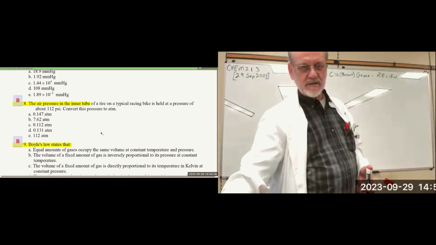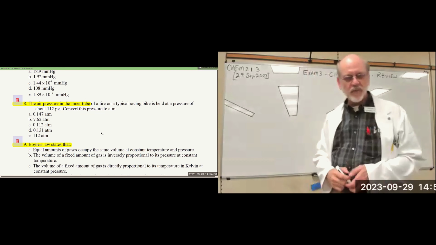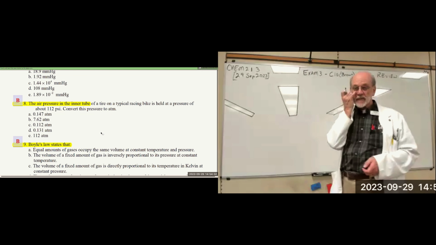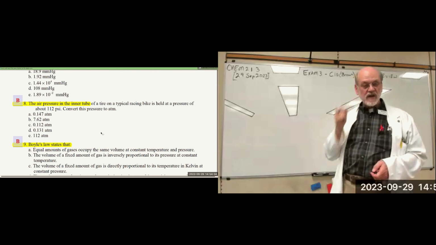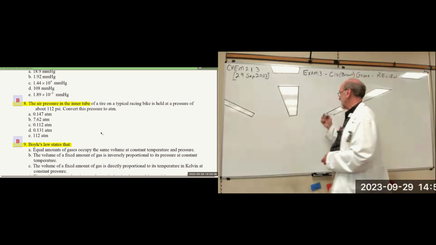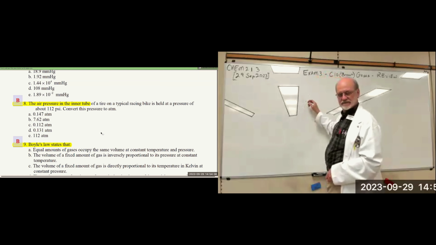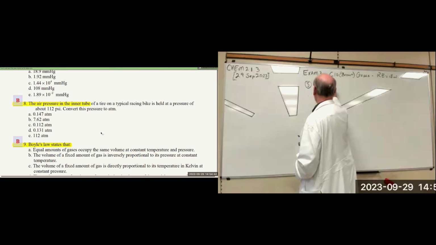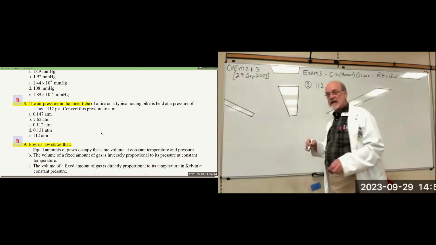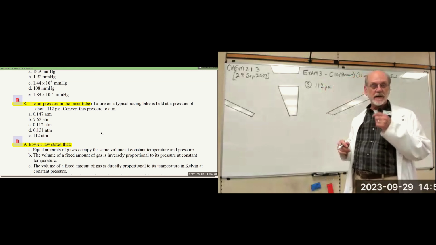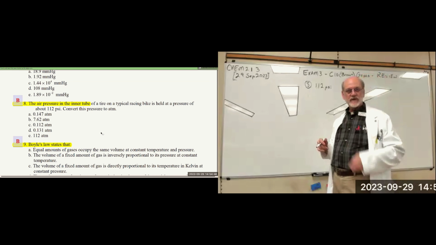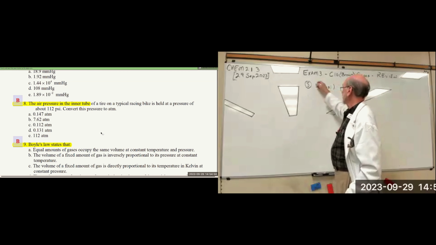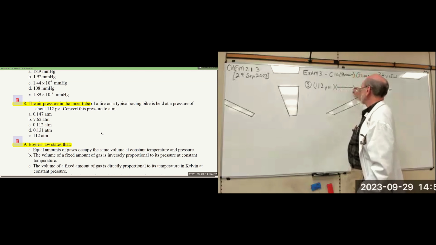All right, let's see. 8. Air pressure in the inner tube of a tire on a typical racing bike is 112 psi. 112 psi gauge pressure in that inner tube, in that racing tire. What's the pressure in atmospheres there? Dimensional analysis, psi.